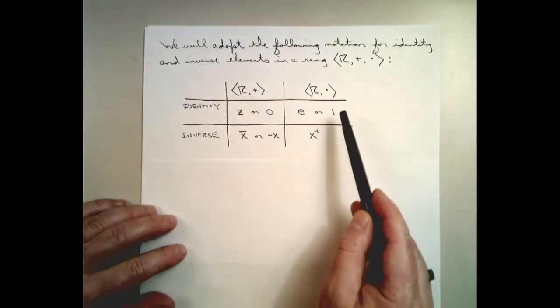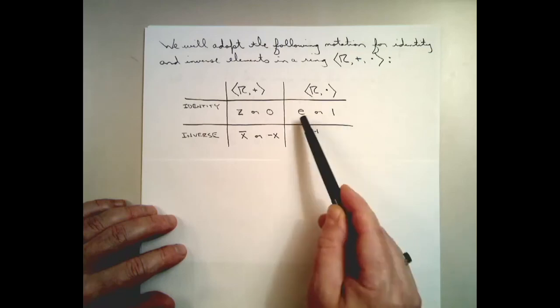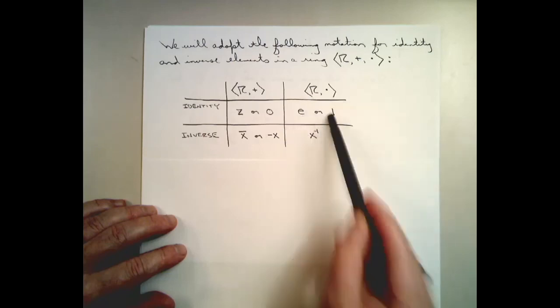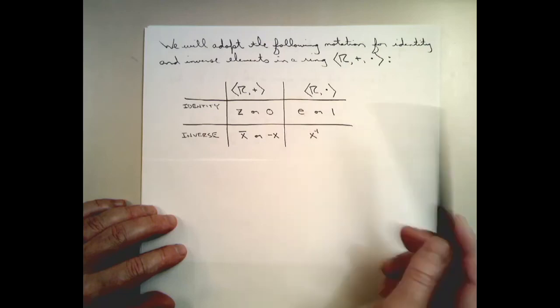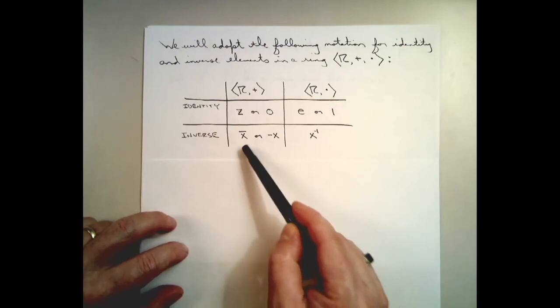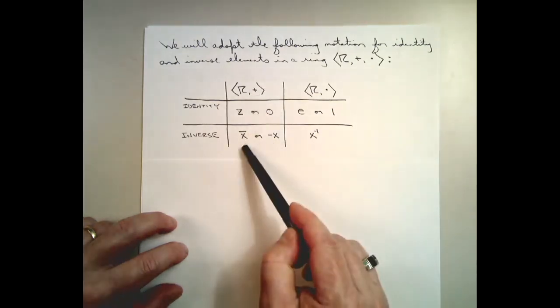Identity element under multiplication, again, because 1 is the symbol that we use for the real numbers, that's often the symbol that's adopted. We're really more used to using the symbol E in this course. And so I will often use E instead of 1, but I'll interchange them. Doesn't really matter. Inverses, we've usually been using this notation for inverses, and this is what I'm going to use specifically for additive inverses.